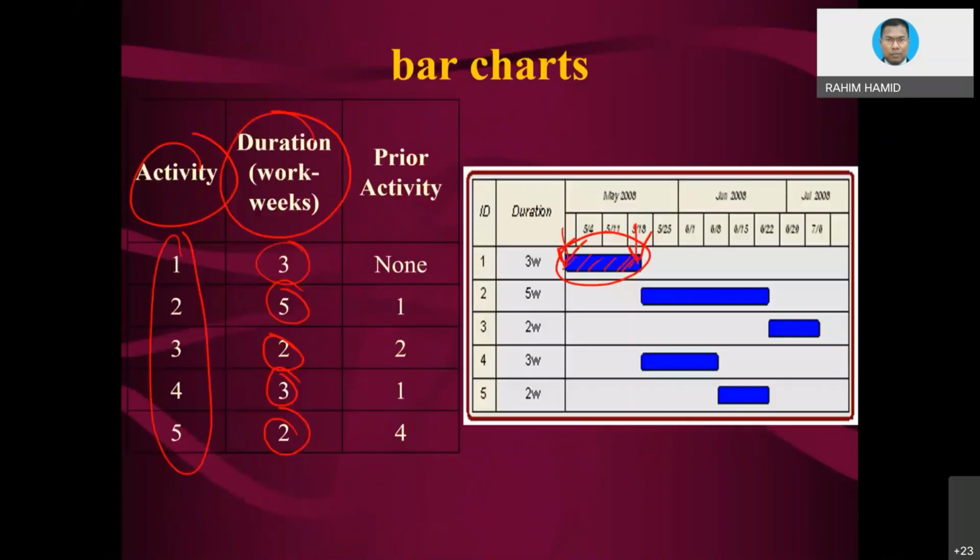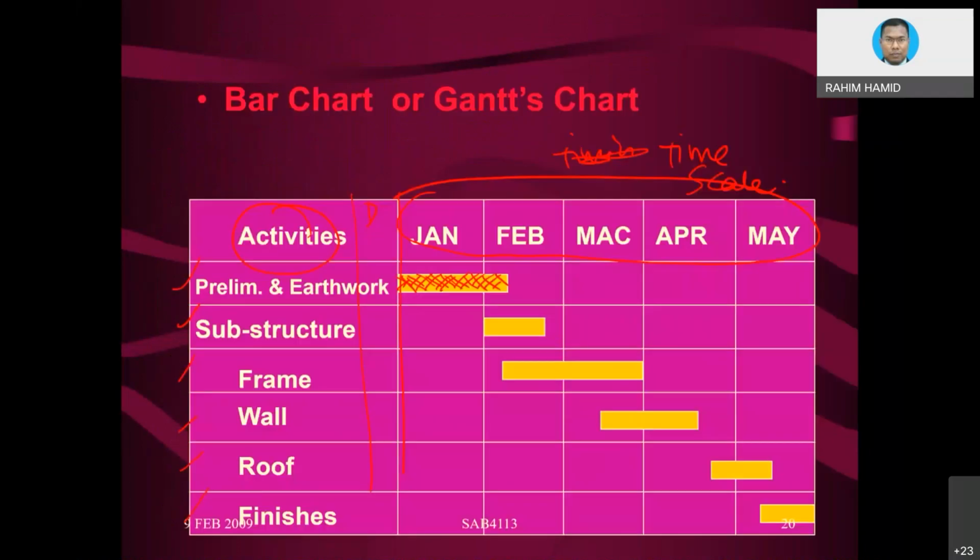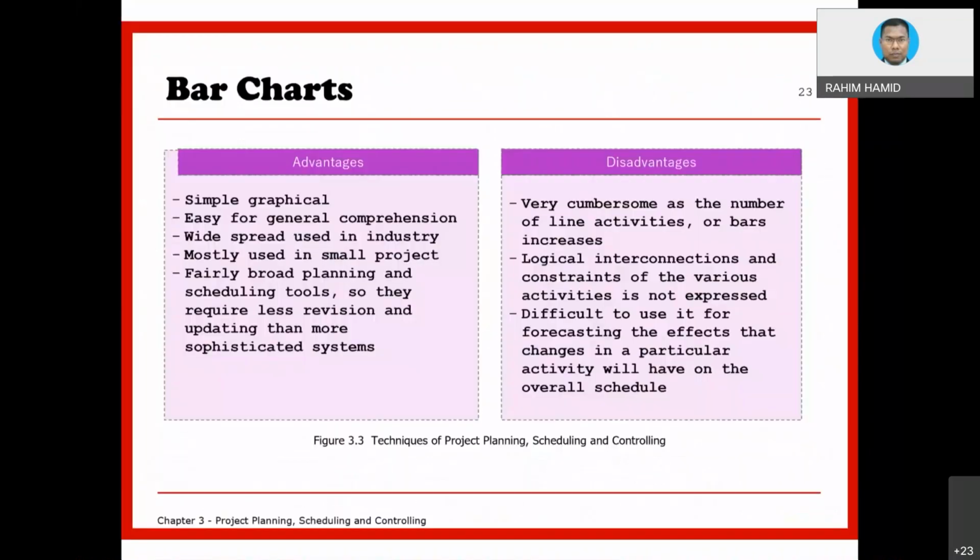We have some slide there. Oh, comparison of bar chart, advantages and disadvantages. I would say easy to draw, easy to read. You don't have to come to the class in order to read. People from different levels can also understand easily.